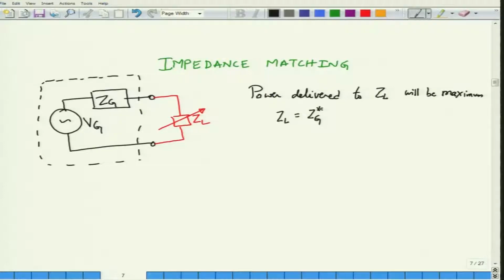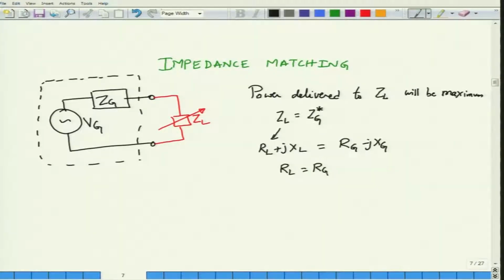What does that mean in terms of real and imaginary components? If you were to write ZL as RL plus jXL, where RL is the resistive part of the load and XL is the reactive part of the load, then this must be equal to Rg minus jXg, clearly telling you that RL must be equal to Rg.